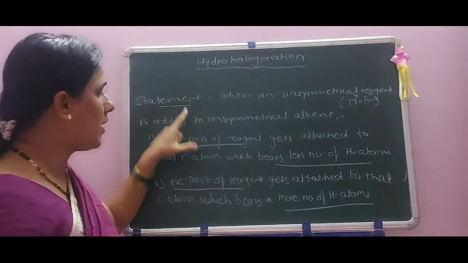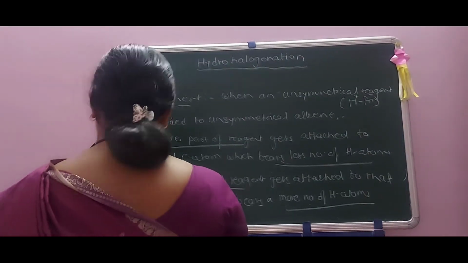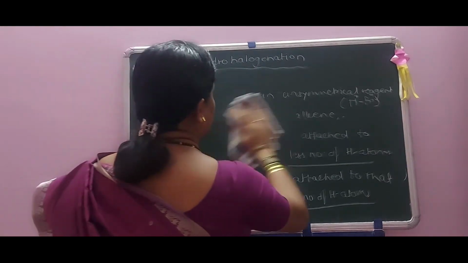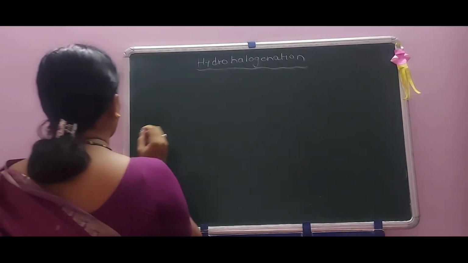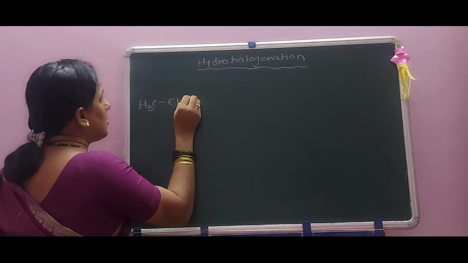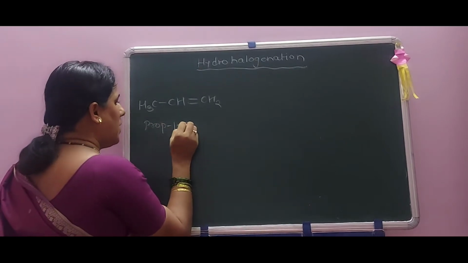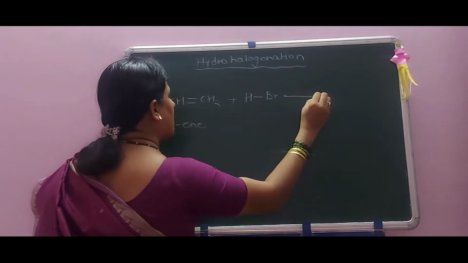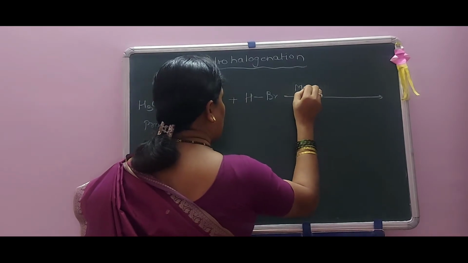Now we can apply this rule to the example of propene, CH3 CH CH2, prop-1-ene plus HBr, according to Markovnikov's rule.